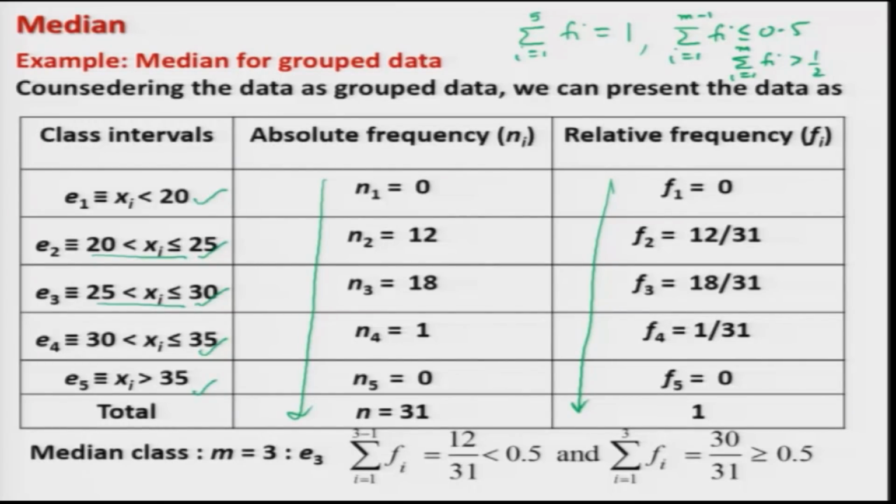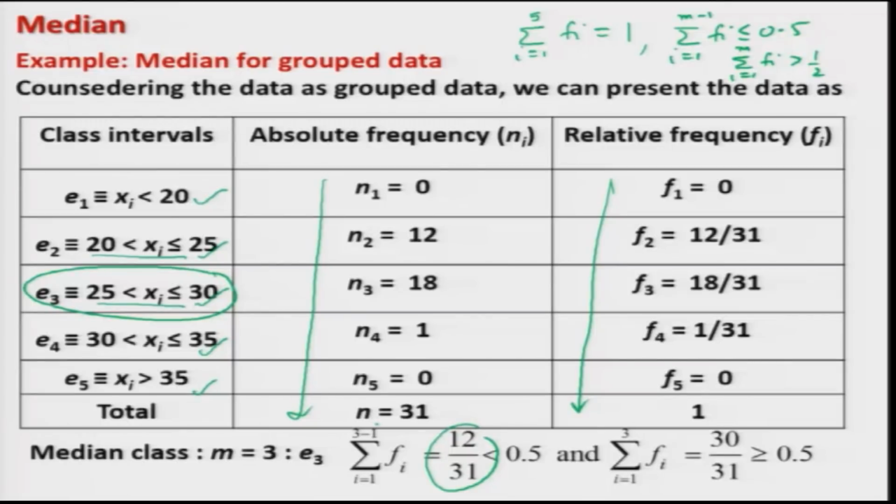Once I do this, I observe that there is a third class, E3, for which the sum of the relative frequencies of class 1, class 2 and class 3 comes out to be 12 upon 31.